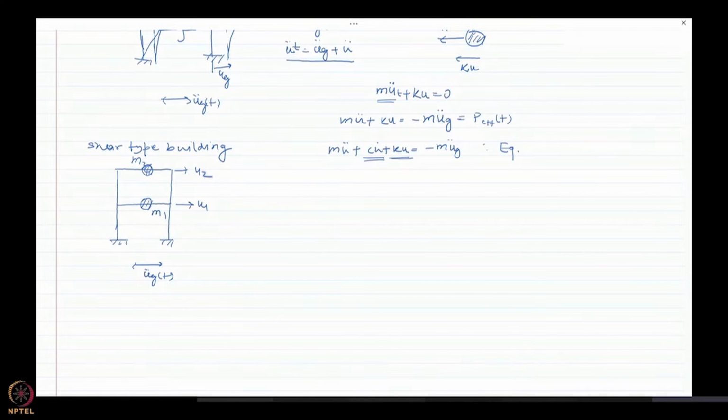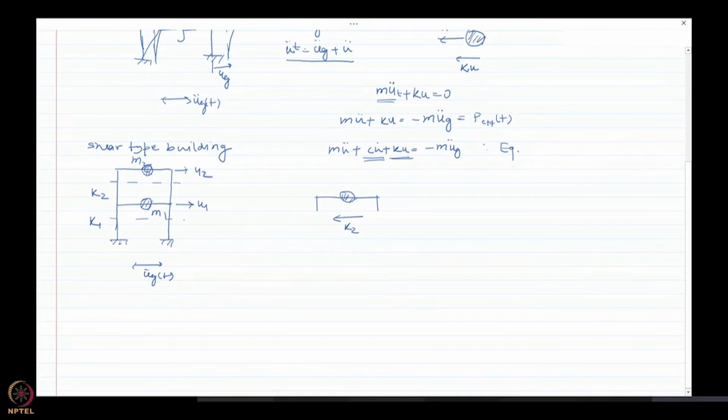Like what we had done for this, we can also write down the equation of motion for this by considering equilibrium of the masses one at a time. If you consider the equilibrium of mass m2, which is at this position, and let us say the story stiffnesses we are considering as k1 and k2, the force here would be in the opposite direction of deformation, which would be u2 minus u1.